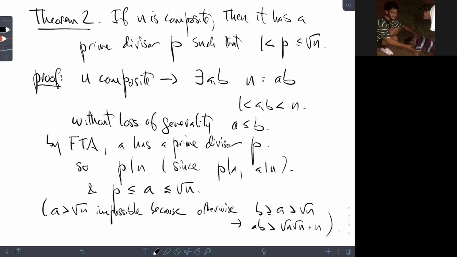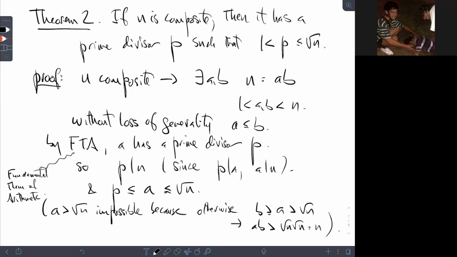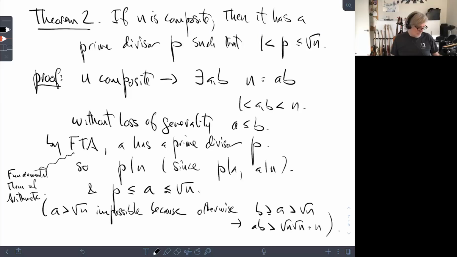FTA is the fundamental theorem of arithmetic. So any composite number has a prime divisor at most root n, and obviously bigger than 1.